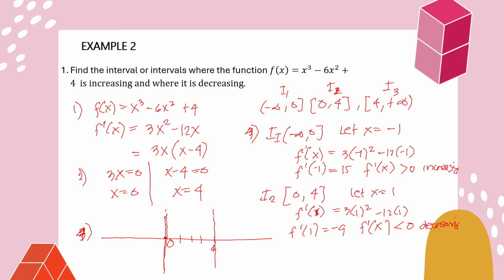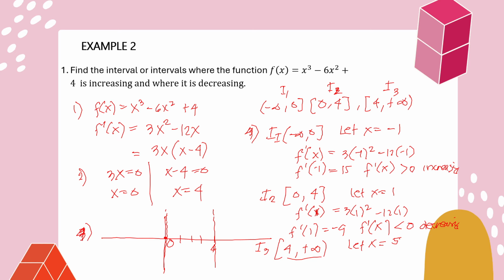And the last interval that we're going to have is interval number 3, which is 4 to positive infinity. So let x be equal to 5, because that is within the interval 4 to infinity.